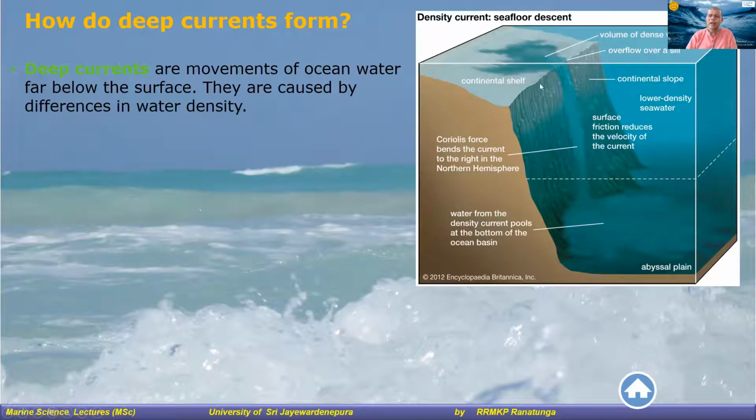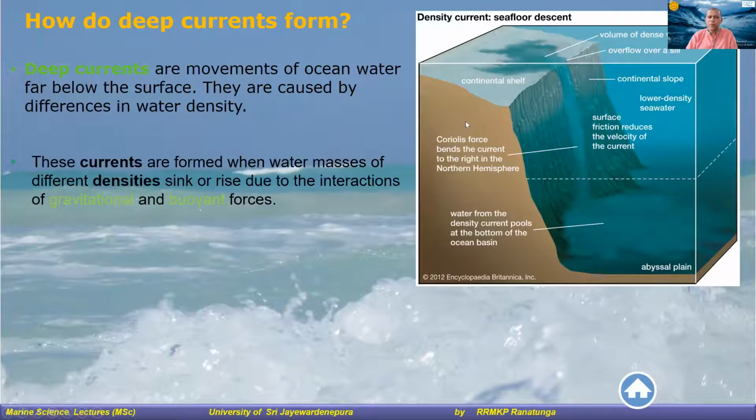Similarly, if there is a high salinity because of a lot of evaporation, that increases the salinity, which means it will increase the density and it will start sinking. But in most cases, temperature is one of the main reasons, right? So that's the reason for the movement, the bottom-up or top-to-bottom movement, or the deep water circulation, right?